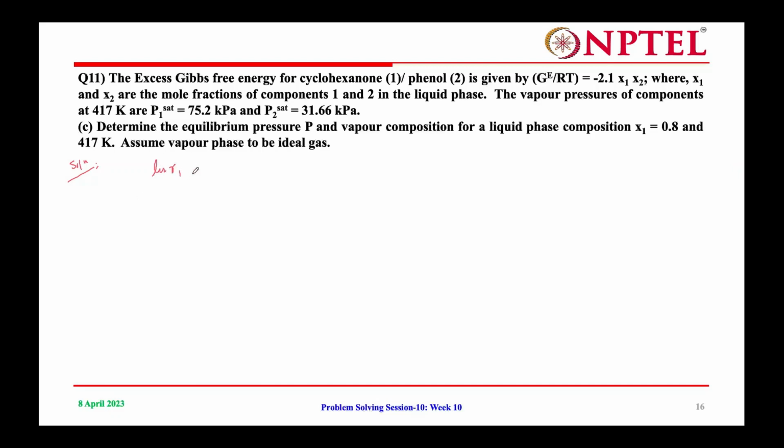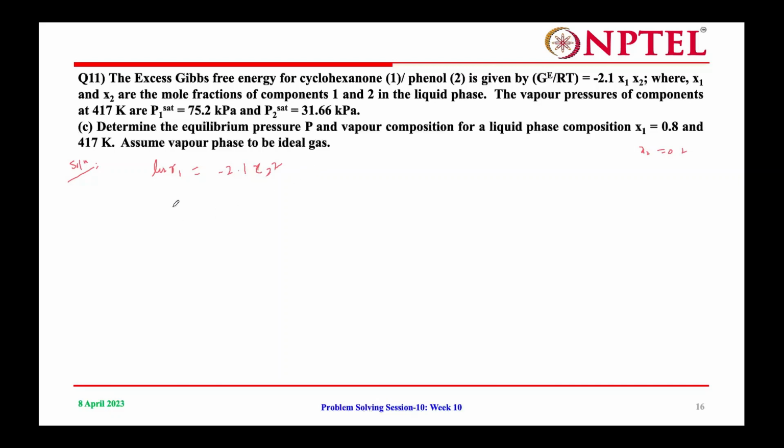We derived the activity coefficients for components 1 and 2: minus 2.1 x squared. Here x1 is given, so x2 follows.